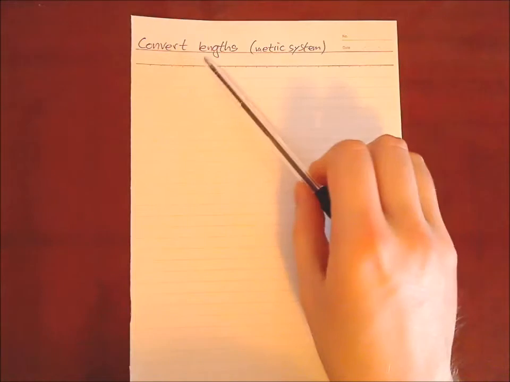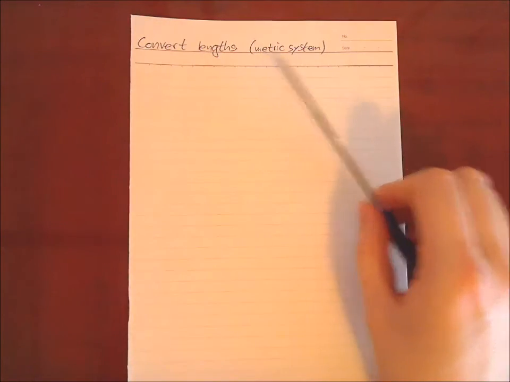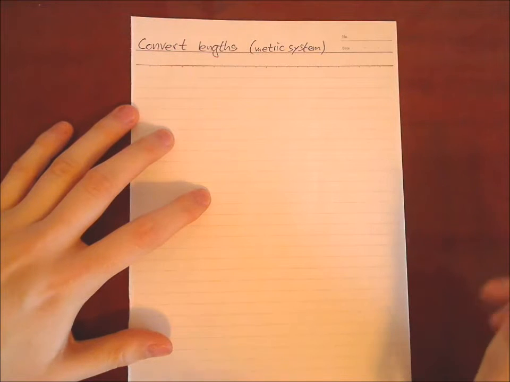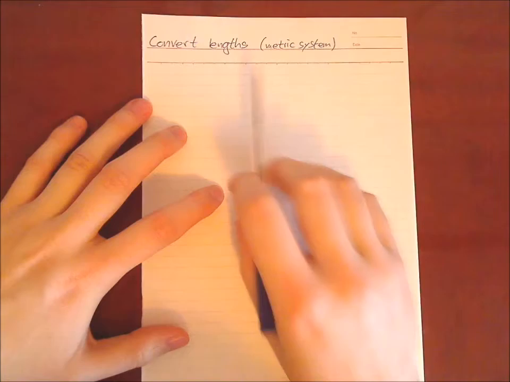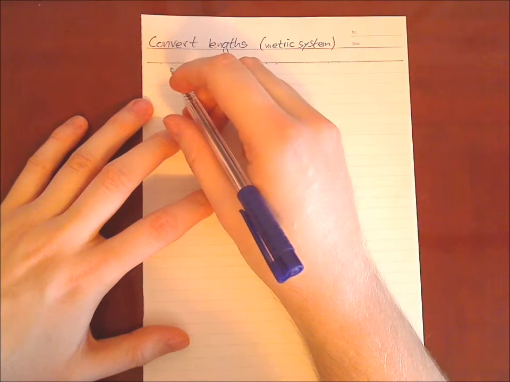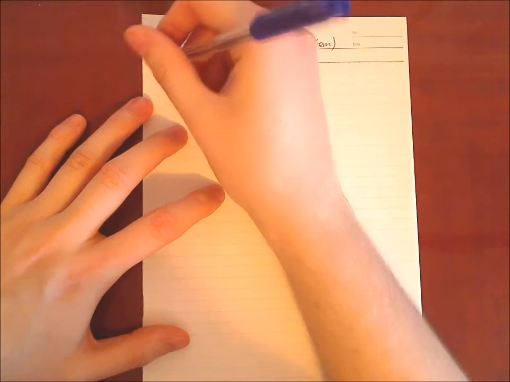How to convert lengths in the metric system. This is quite easy. I'm just going to introduce all the length measures in the metric system, and then it's easy to convert between them.